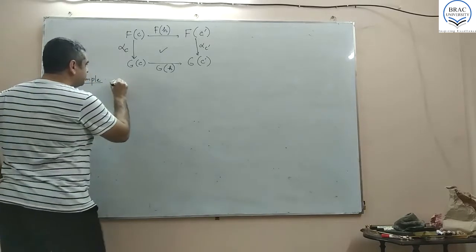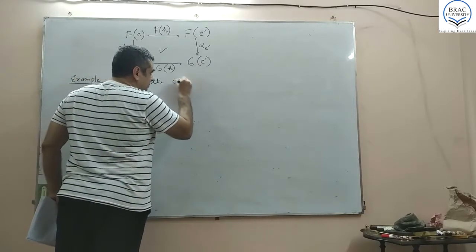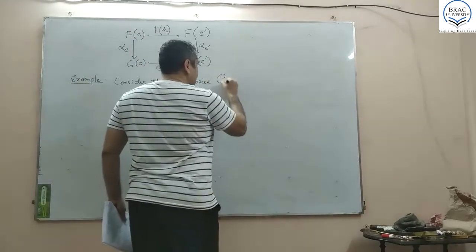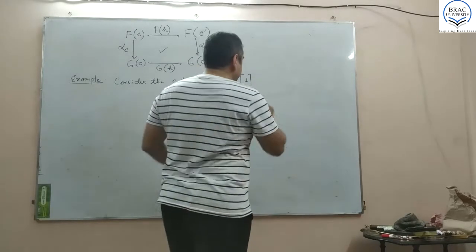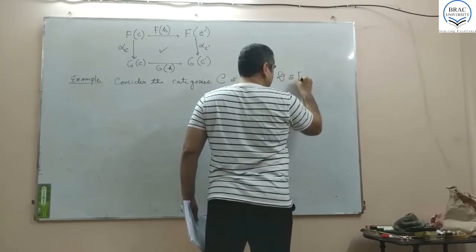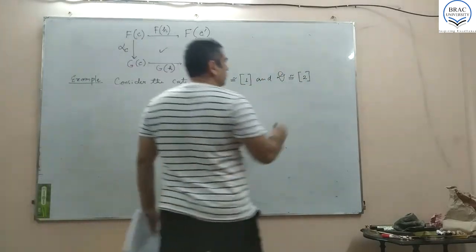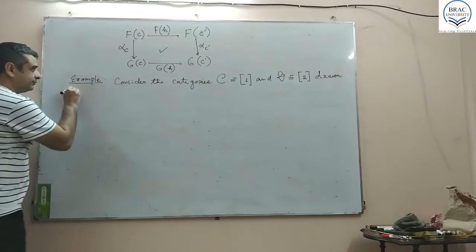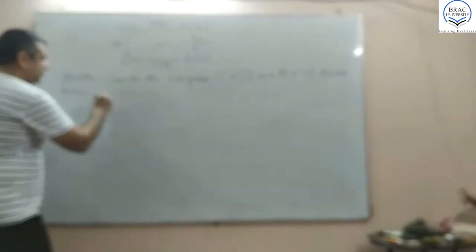Consider the categories C and D drawn below. So I'm drawing two categories below. So C is this category.